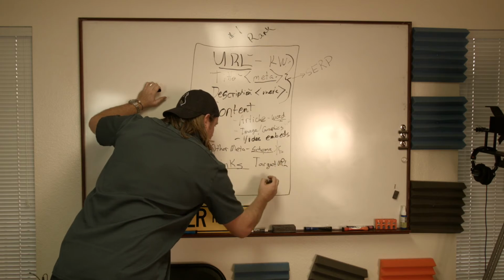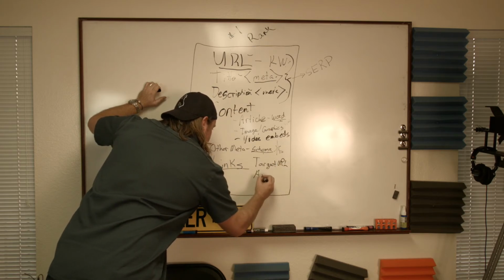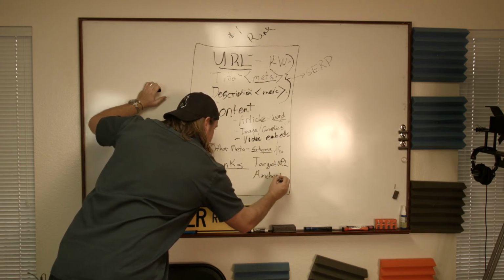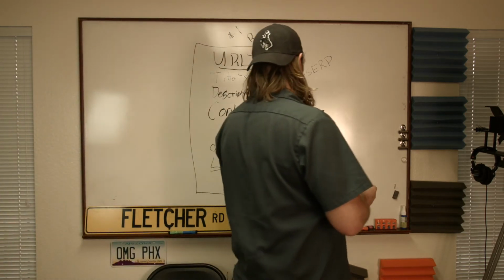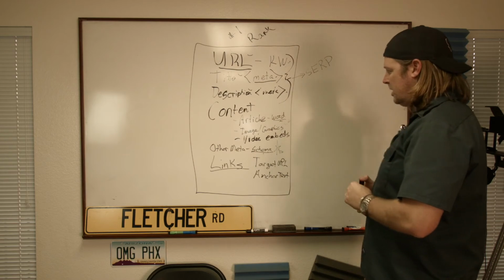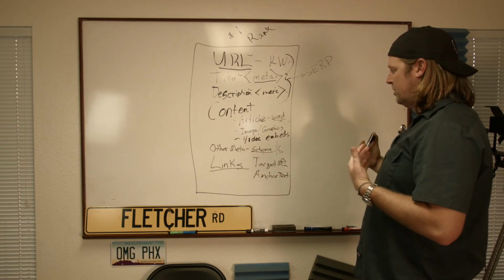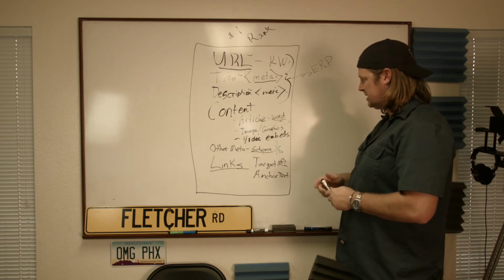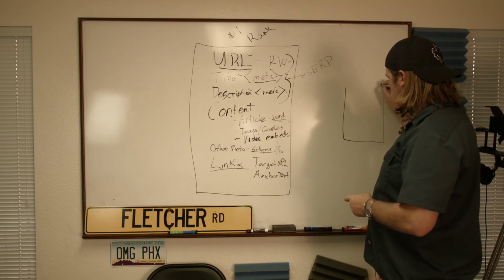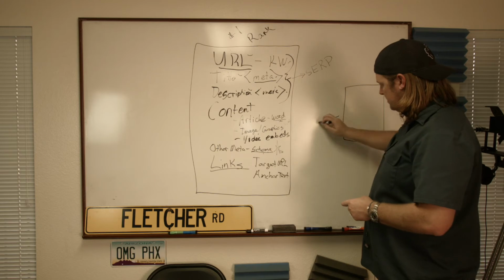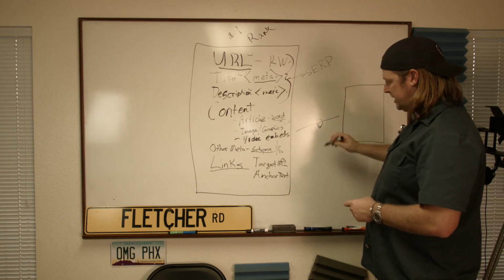One being your target URL, the other thing being your anchor text. Okay, I think a lot of the time people visualize links. You know, if this is one URL and we had a different URL over here, they would visualize links being out here someplace.